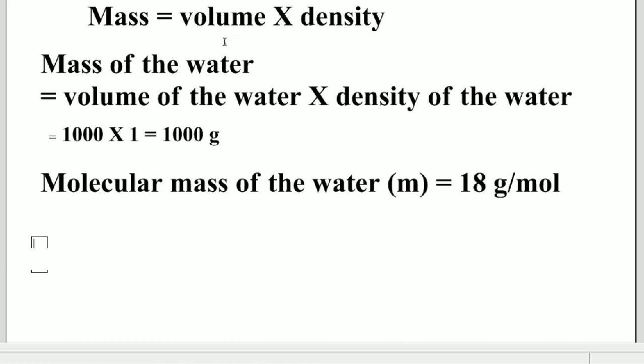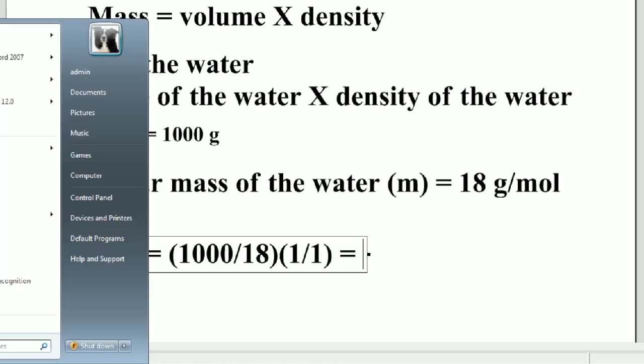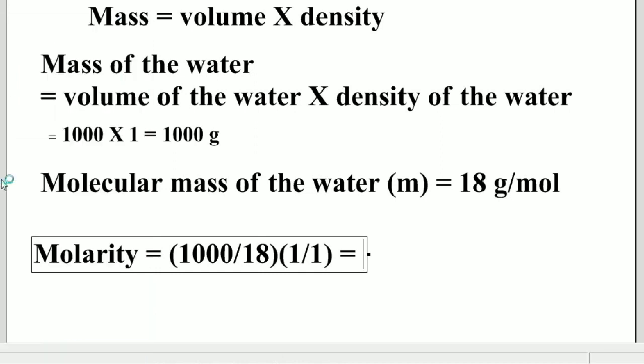Therefore our desired molarity is equal to weight by molecular weight into 1 by V. Here 1 liter solution is used, so it is 1000 gram by molecular weight 18, and volume is 1 liter, that is 1 by 1, that implies 1000 by 18.